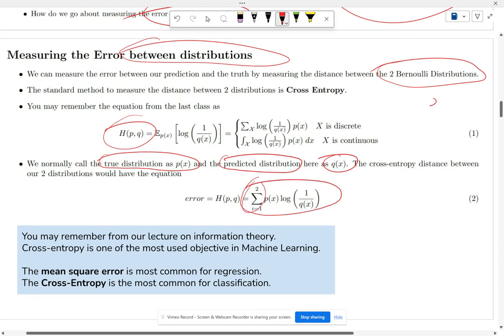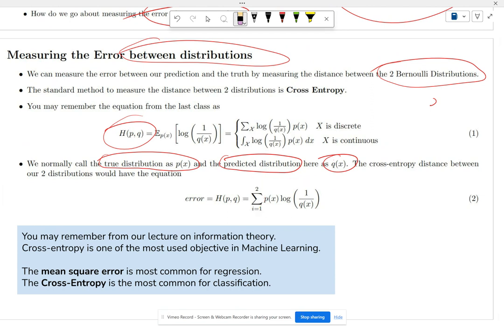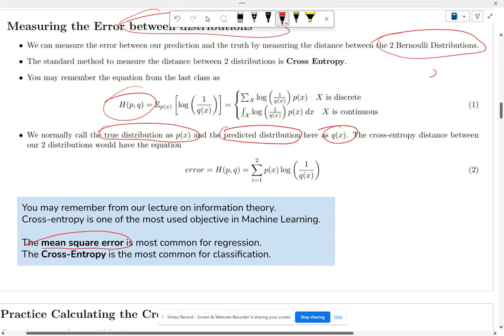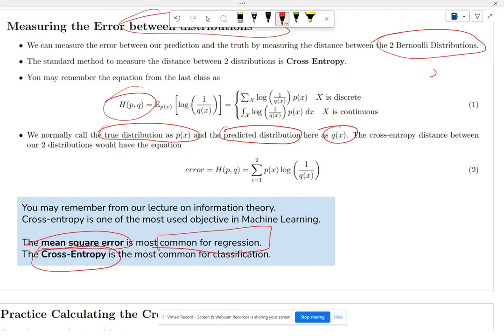That's where the sum of two is. I mentioned previously that the mean square error is probably the most commonly used objective for regression, but cross entropy is the most common objective used for classification.